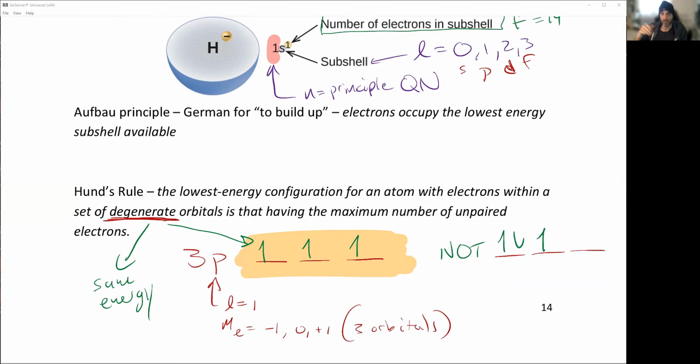So we always fill individual ones before we pair up. And there's a reason for pairing energy. It costs extra to put an electron next to another electron versus just putting it in a degenerate orbital. So this is not so much. We're going to avoid that. This is correct. Okay. All right.